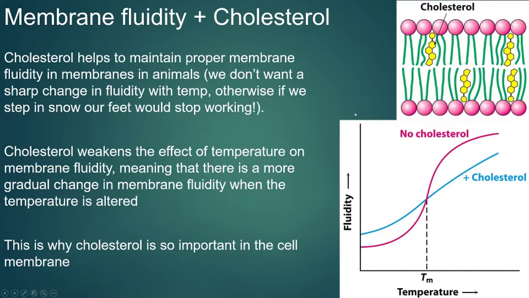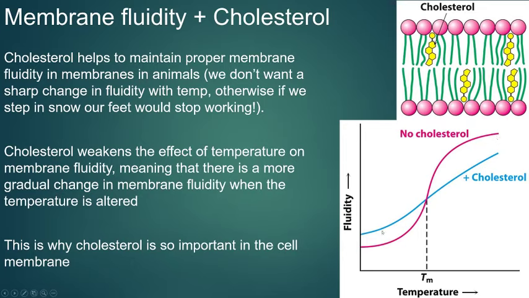What cholesterol does is allow proper control over this membrane fluidity. By putting cholesterol in here, it weakens and controls the degree of non-covalent interactions occurring between these fatty acid tails, and this has a significant change on our curve.